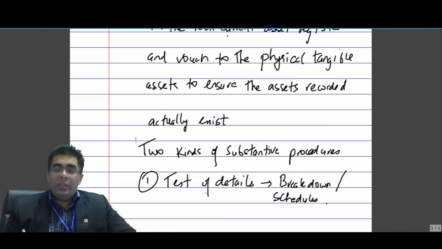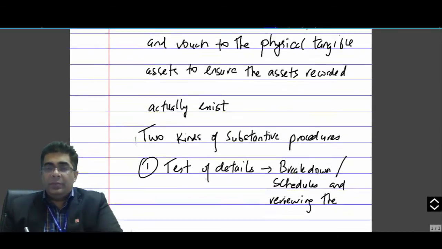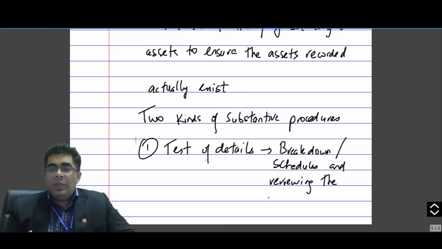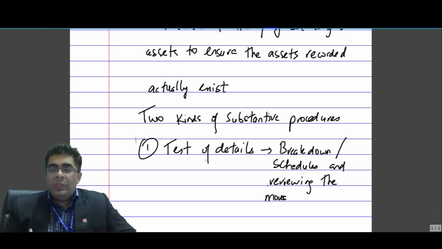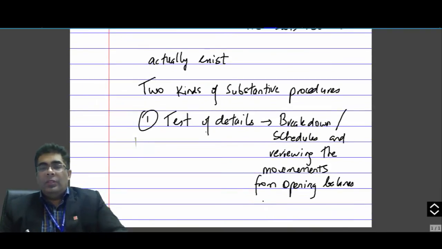The breakdown or the schedules, and reviewing the movements from opening balances to closing balances.